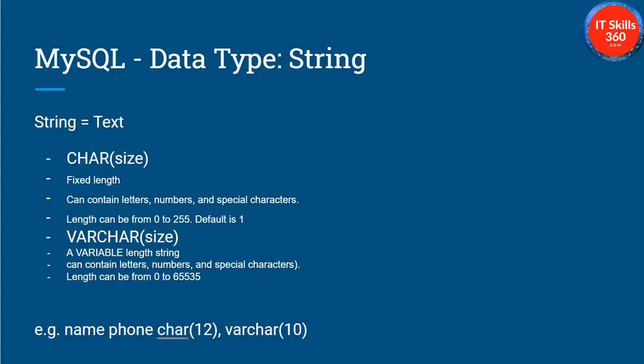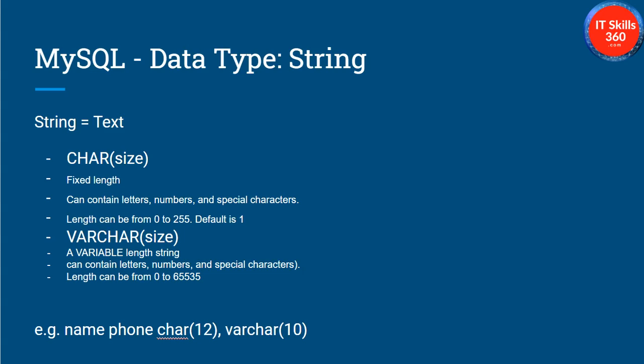That blank space is still space, and it is going to be used, while in the other case, varchar, it won't use that much space. Depending on how many characters long the name entered is, it will automatically allocate only that much space. So varchar definitely is a much better way to do it. It's a variable length string, and char is still useful, but in general you would see most of them used as varchar.